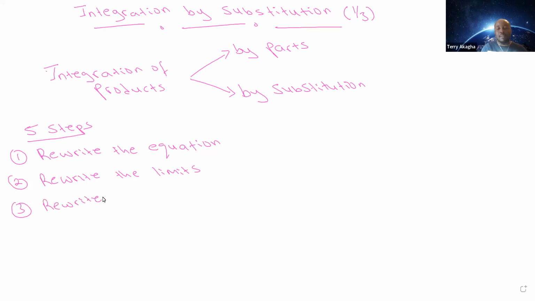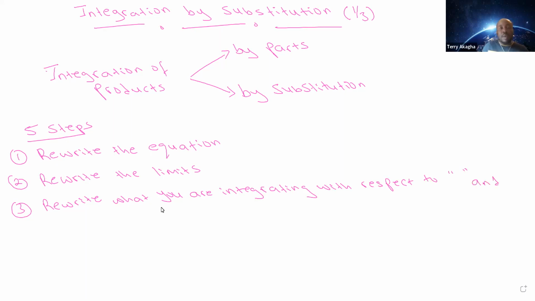In step 3, you need to rewrite what you are integrating with respect to the variable. It can be z, it can be u, depending on what you're doing, and then substitute.